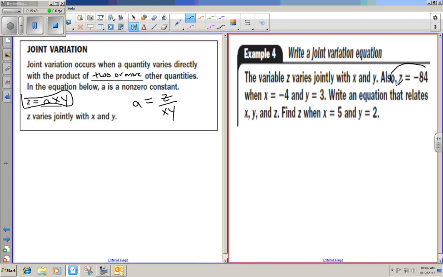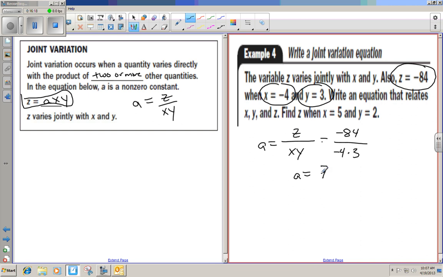Z is negative 84, X is negative 4, Y is 3. The constant is equal to Z over xy. So negative 84 over negative 4 times 3. So the constant of variation, A, should be 7.